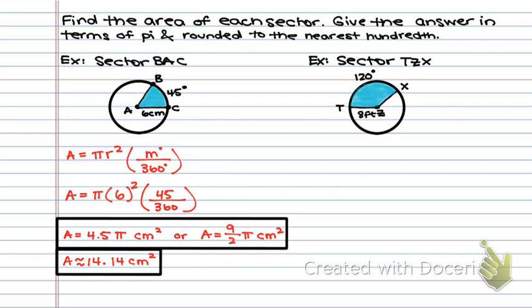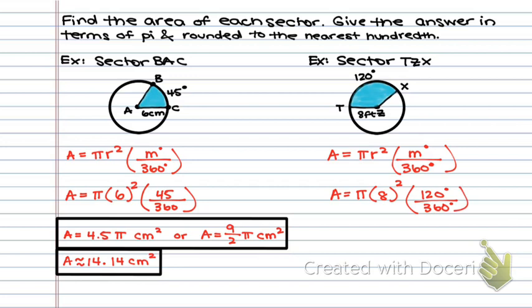So if you did it right, you would have done A equals pi r squared times m, the measure of the arc, over 360. So area equals pi times my radius, which is 8 feet squared, times the measure of that arc, which is 120 degrees, divided by 360 degrees.